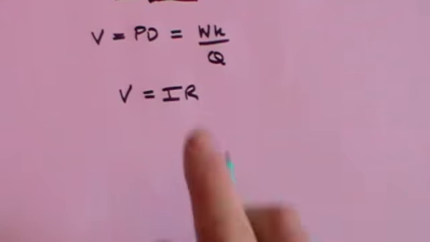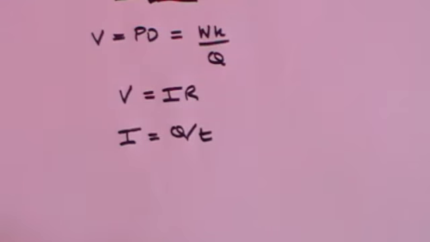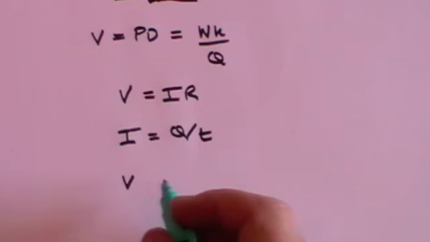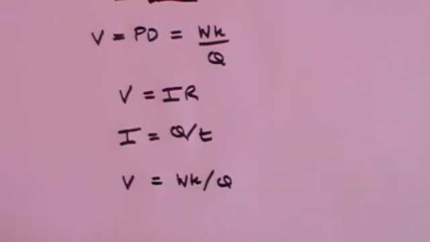We've got the definition of current as being the amount of charge moved per unit time, charge divided by time. And we've got the definition of voltage, or potential difference, as being the work done to move a particular charge.